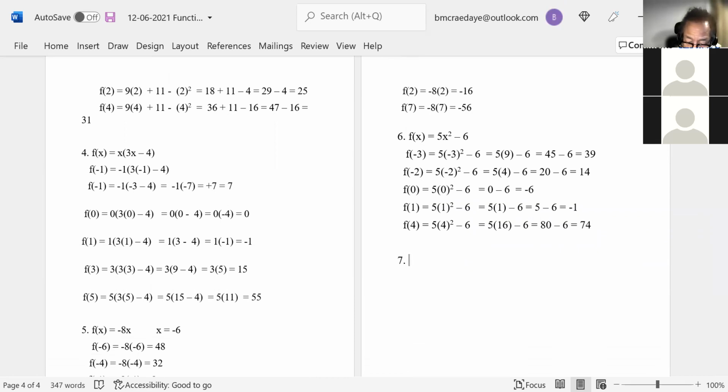Let's see, it's 5 of them, so you can do the other 4. So f of x, the function, equals 10x plus 17.